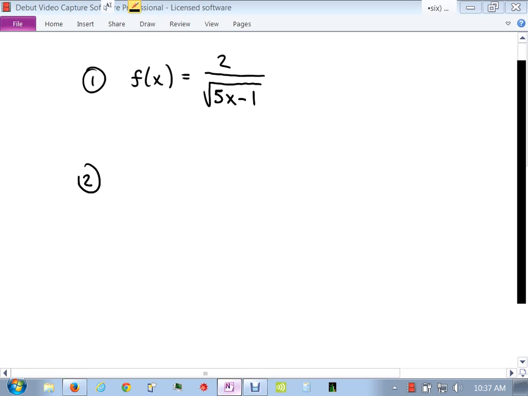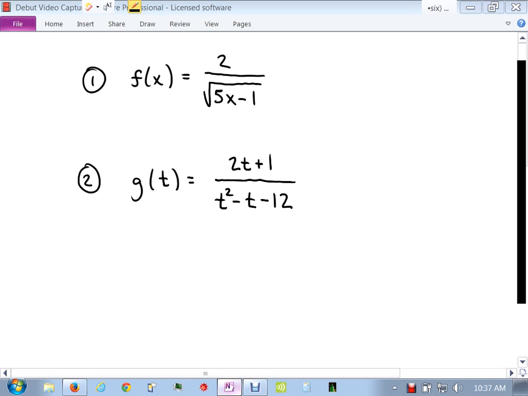Second one, g of t. Oh, I better not use s. A lot of people's s's look like 5s. G of t equals 2t plus 1 over t squared minus t minus 12.